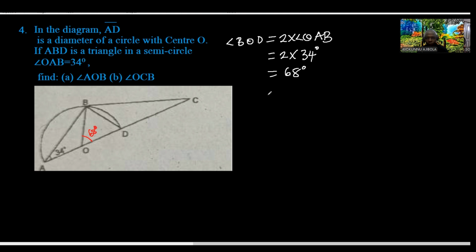Then we can say 68 plus AOB gives us 180 degrees. That is angle on a straight line. Then the AOB we're looking for is going to be 180 minus 68 degrees. So 180 minus 68 is what?